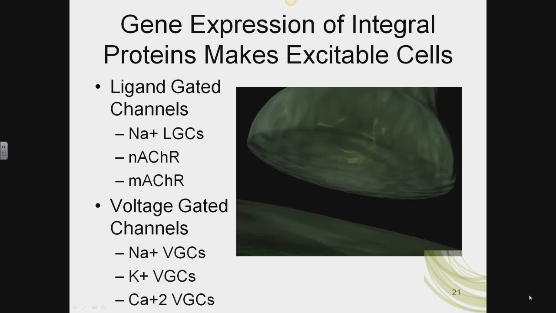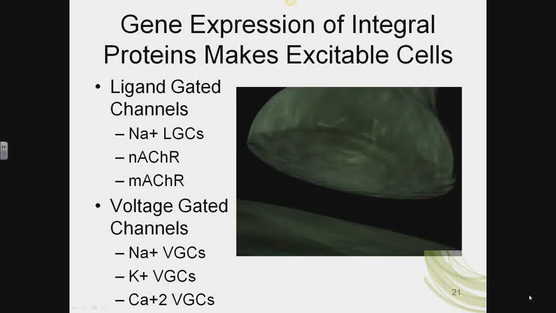If you're too far away, you don't get enough signal to your receiver, do you? So voltage-gated channels have to get enough signal, electrical current in this case, for them to open. And they are named, very similar to the ligand-gated channels, for the substance that they allow to flow through them. So you have sodium voltage-gated channels.